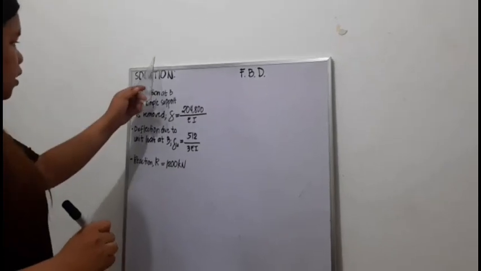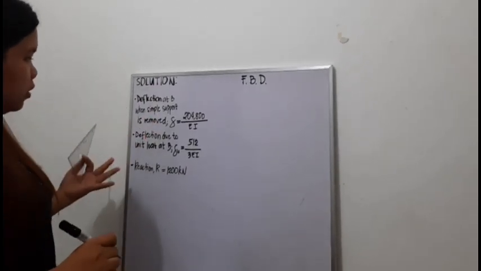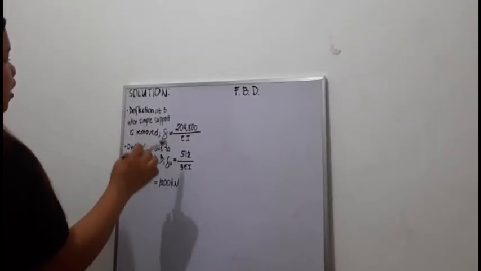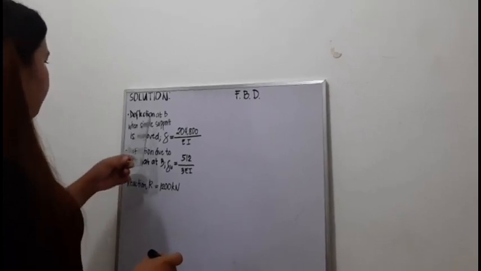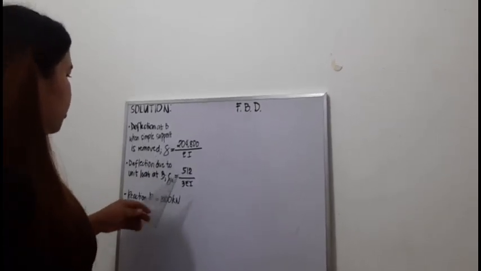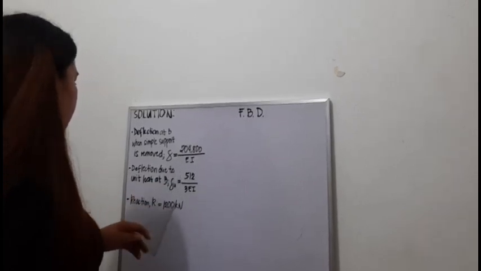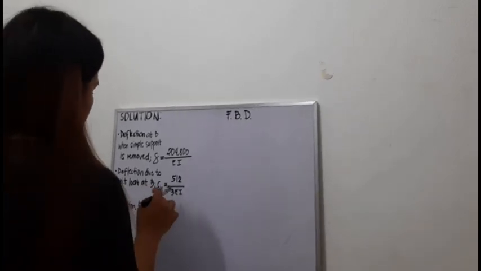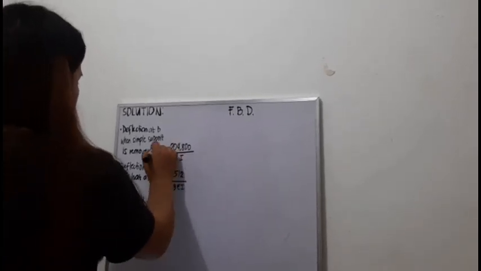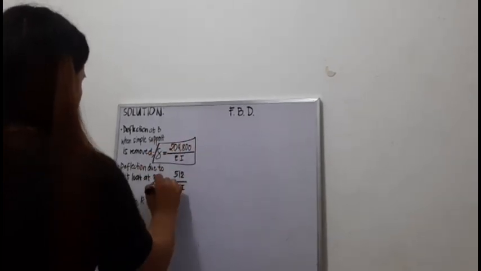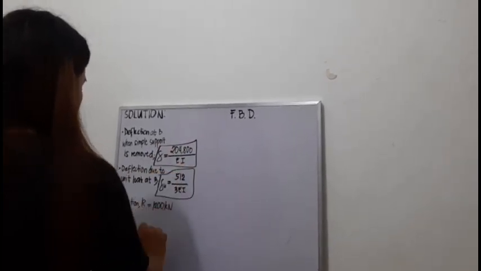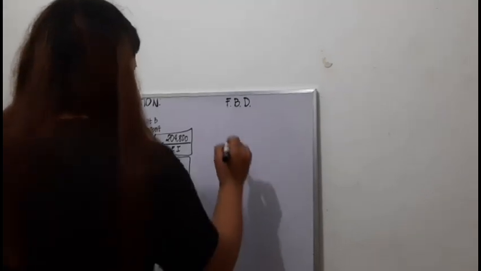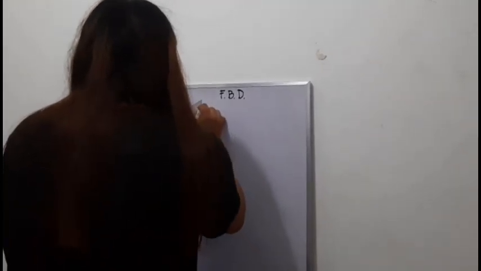As you can see in my solution, previously calculated, the deflection at B when the simple support is removed is 204,800 over EI, and the deflection due to the unit load at B is 512 over 3EI, which is our final answer. So for now, I'm going to make my free body diagram.